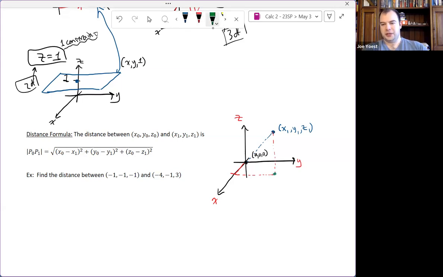Well, I can look at this point here as an intermediate step, and I can ask, what's the distance from the origin to this point, x1 comma y1 comma 0? I know that distance. That distance squared is x1 minus 0 squared plus y1 minus 0 squared.